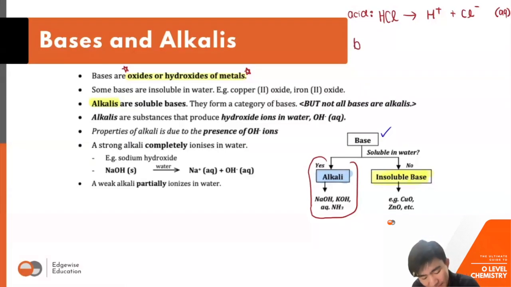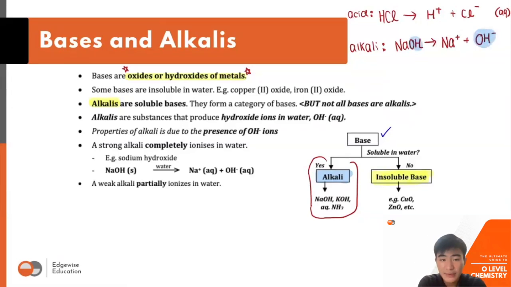Bases have insoluble and soluble ones. Alkalis are the soluble ones. There's no point saying an insoluble base cannot dissolve in water anyway, right? So for alkali, for example sodium hydroxide, it dissolves in water. What happens is that it will form sodium plus ion and OH minus ion. The key thing for alkali, when you see this hydroxide, OH, this is where you know that this is an alkali in an aqueous solution, meaning it can dissolve in water.